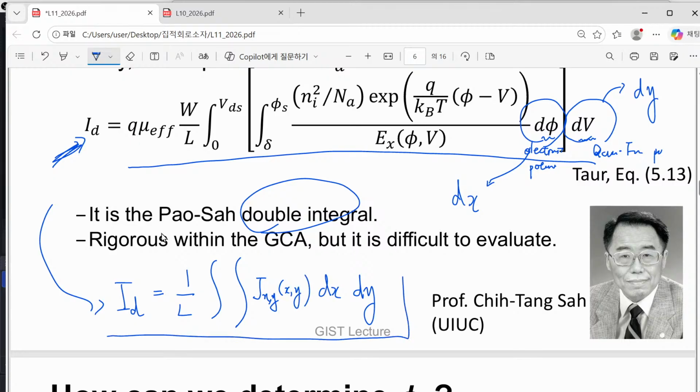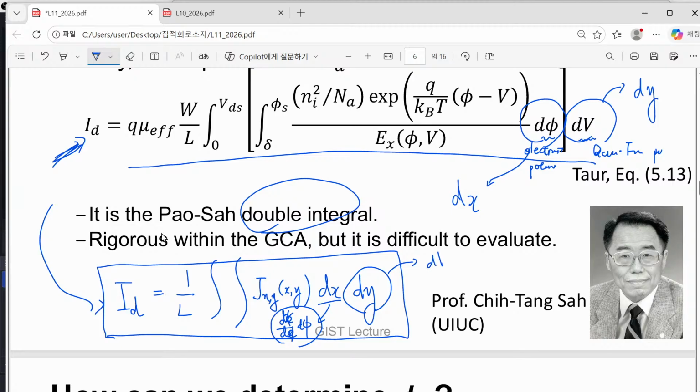This is the origin of a seemingly complicated problem, and we just made a variable transformation. dx was converted into dφ over dx, sorry, dx, dφ, and dφ. That is the way we convert it into the dφ integration. Also in this case, we introduce dV and dV over dy.